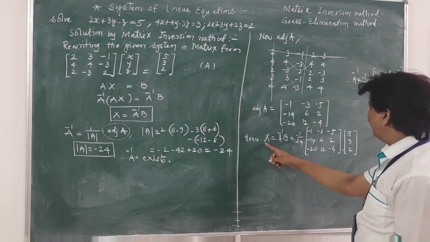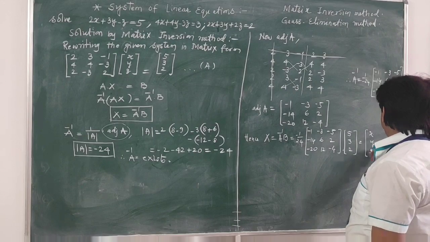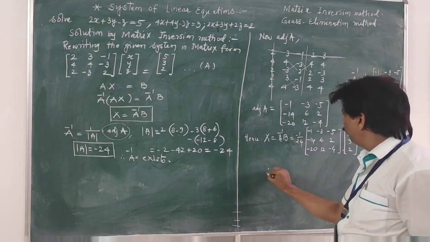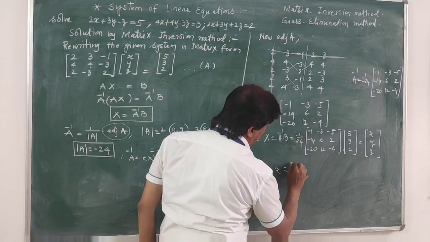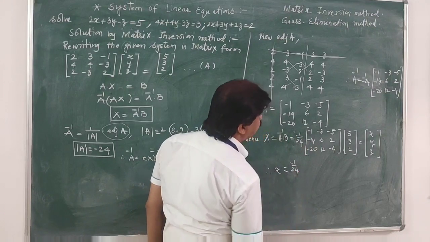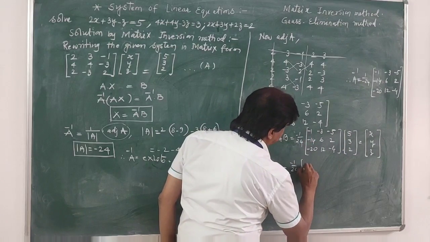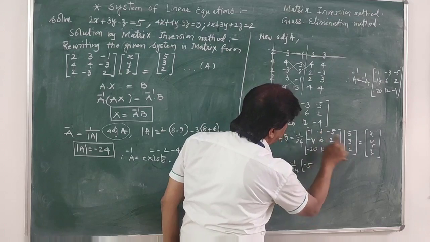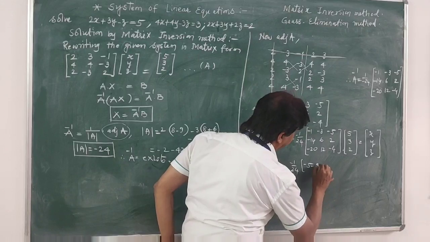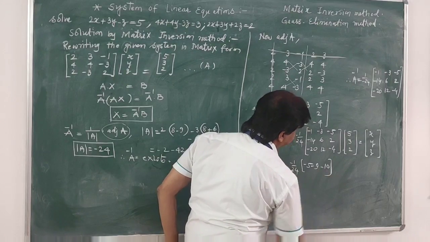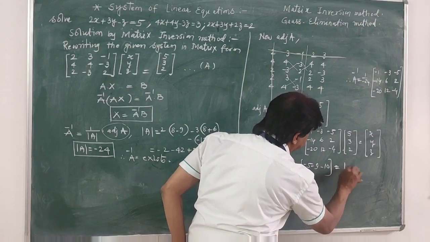So matrix X means the column matrix of unknowns X, Y, Z. From this, X is equal to minus 1 by 24 times minus 1 into minus 5, minus 5, minus 9, minus 10. Minus 10, minus 24, minus 24 is plus 1.